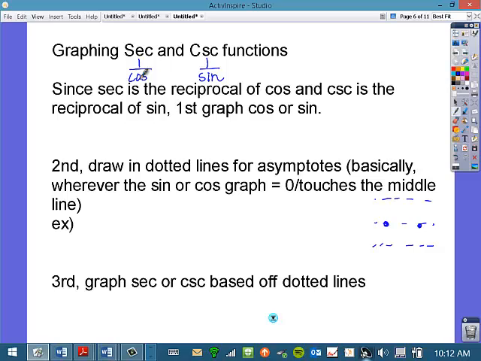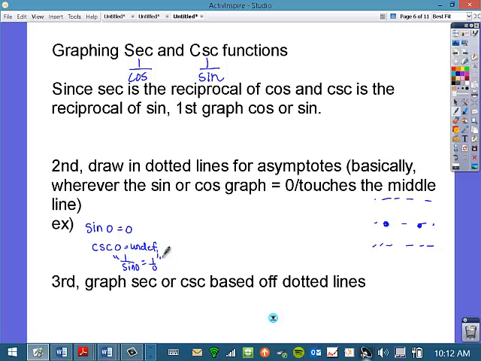So an example would be, we know that sine of 0 is 0, so cosecant of 0 is undefined, since cosecant of 0 is 1 over sine of 0, which is 1 over 0.